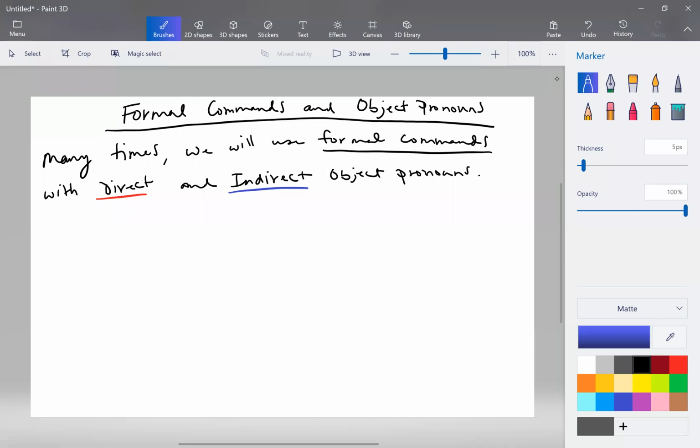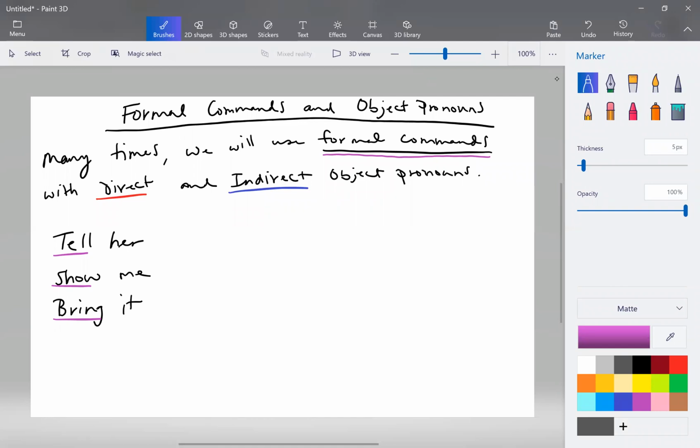But this makes sense because we'll frequently say things like, tell her, show me, bring it. And we can see our commands. Tell, show, bring.